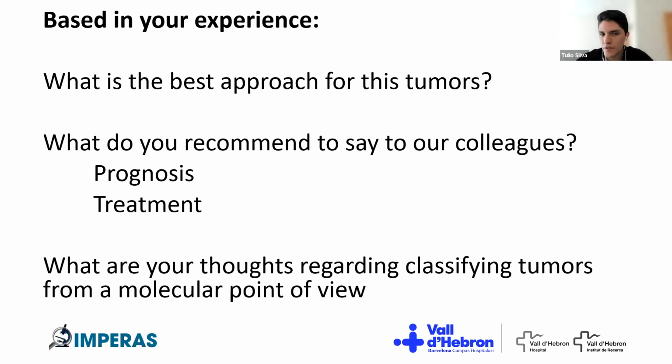My first question is, what is the best approach for these tumors as pathologists, if we are not able to identify or tease them apart with NGS, which in this case was not possible?